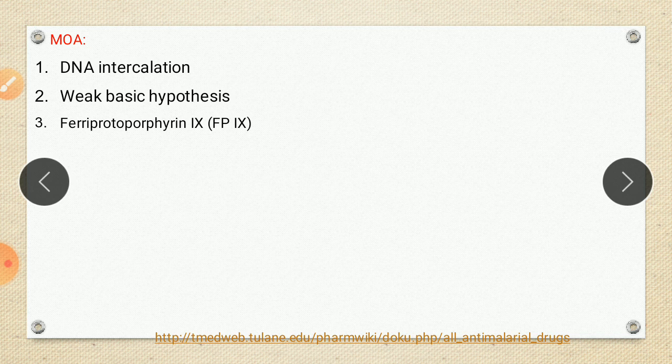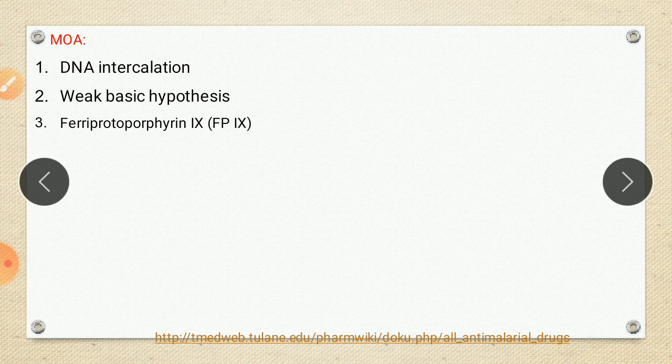This reaction increases the pH of the lysosome and therefore reduces the ability of the parasite to digest hemoglobin to produce amino acids. So it is called the weak base hypothesis.